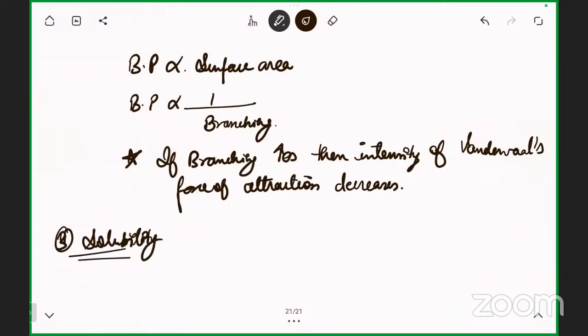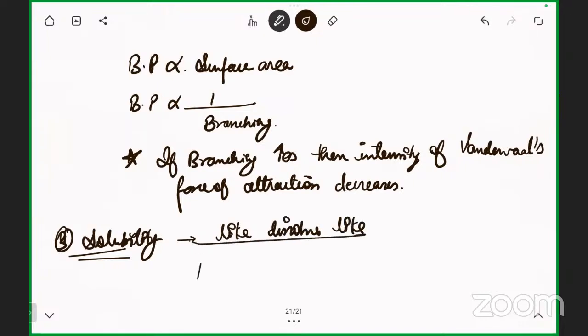I told you one thing at the starting of solubility: like dissolves like, if you remember. What was the meaning of like dissolves like?